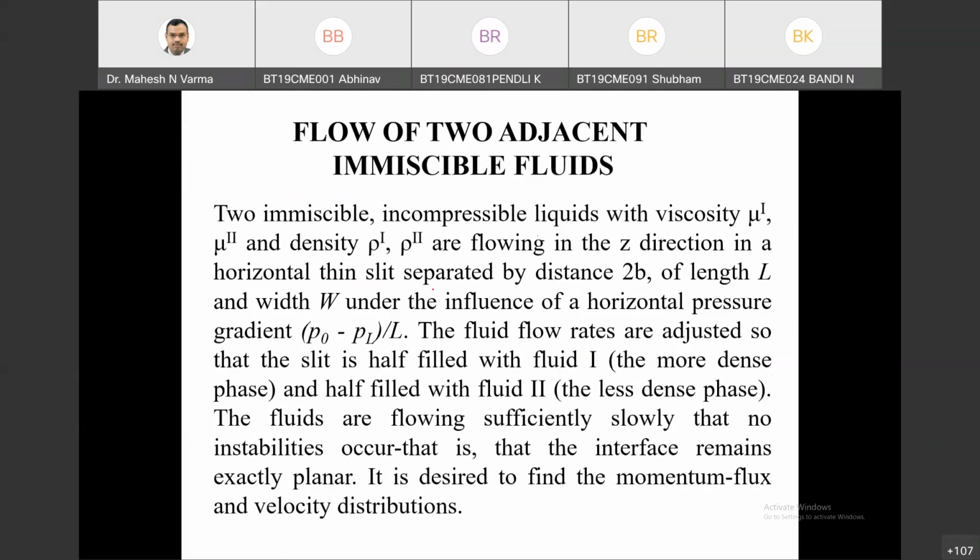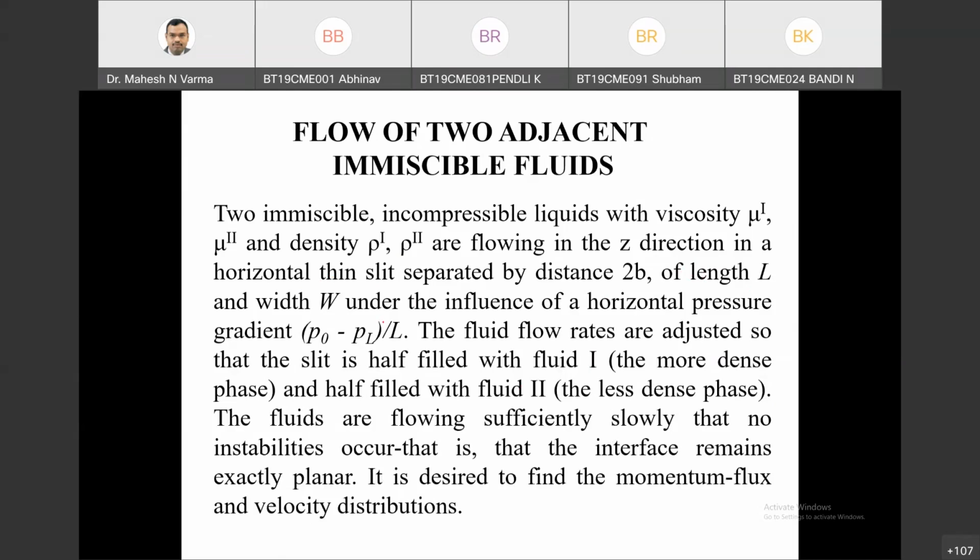Two fluids are flowing in a pipe. No, not a pipe. It is not a pipe. It's like flowing, two fluids flowing one over the other with an equal height, so that the velocity and flow rates are adjusted with the different densities.